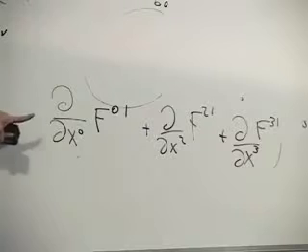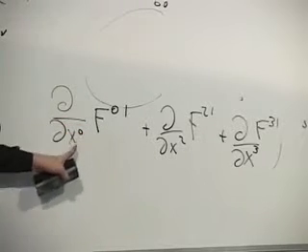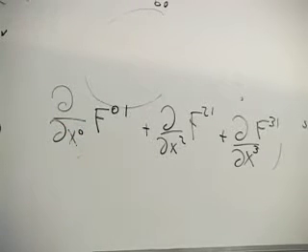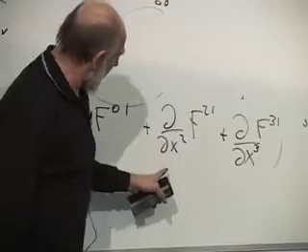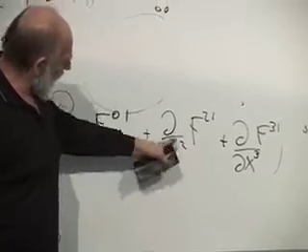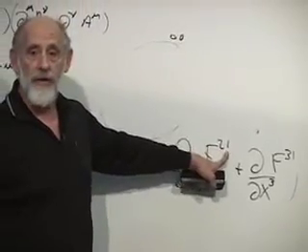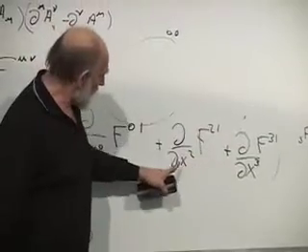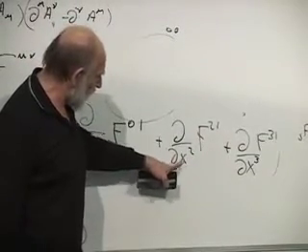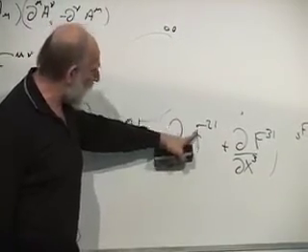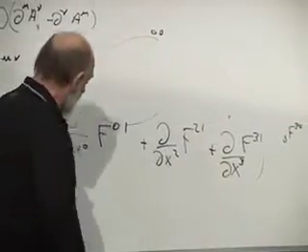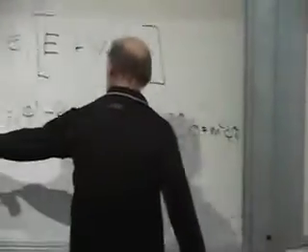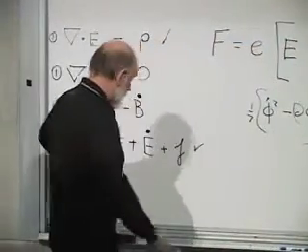Okay, what's this term here? That's the time derivative of the electric field. What's over here? Well, it's a little bit complicated, but F21 is B3. So this is the derivative with respect to x2 of B3, and this one, if you work it out, is the other term that corresponds to curl of B.